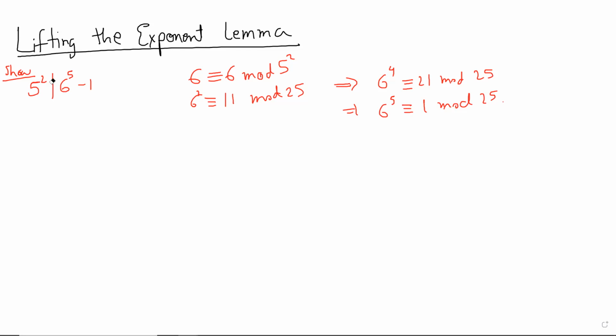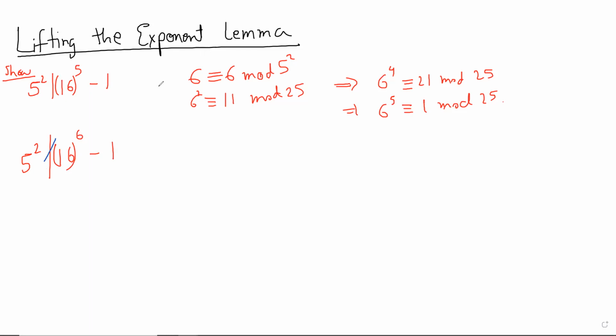My claim is that even if we put a different base, the proof will be equally simple. On the other hand, you can see that, for example, 5 square does not divide 16 to the power 6 minus 1. I'm not asking you to show this, you can just check it.